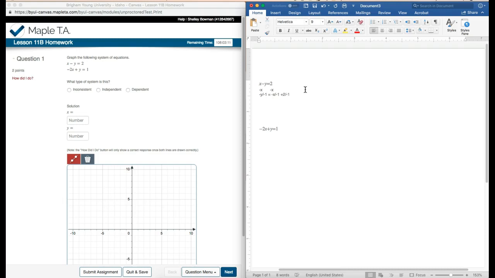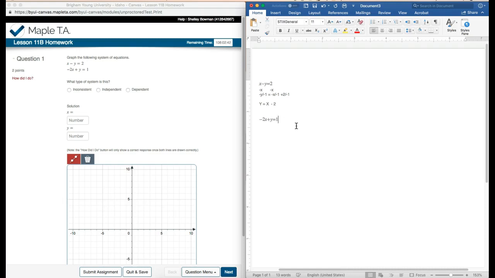So if I have negative y divided by a negative 1, that leaves me with positive y, and negative x divided by a negative 1 makes it a positive x, and positive 2 divided by a negative 1 is a negative 2. So now this is in slope-intercept form, and I can easily tell that my slope is a positive 1, and changing that to rise over 1, I can just put it over a 1, which keeps the value the same, which makes it 1 over 1, and the y-intercept of negative 2.